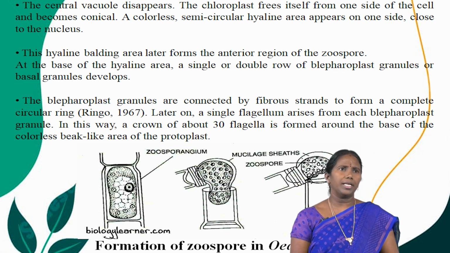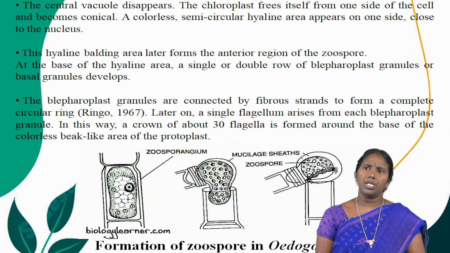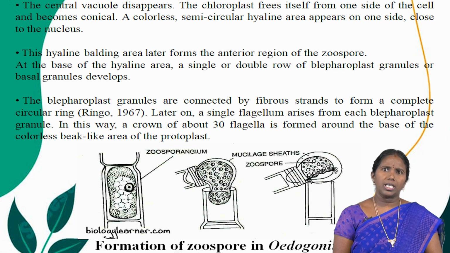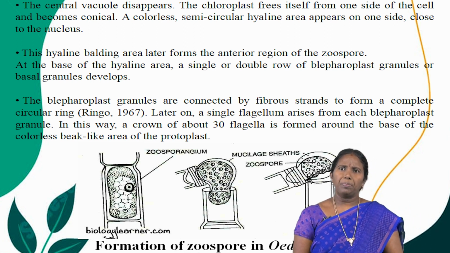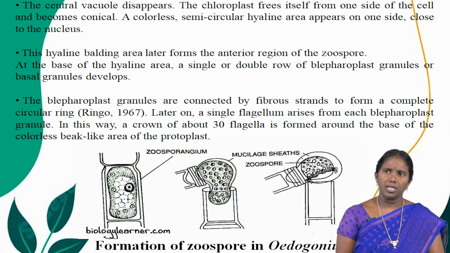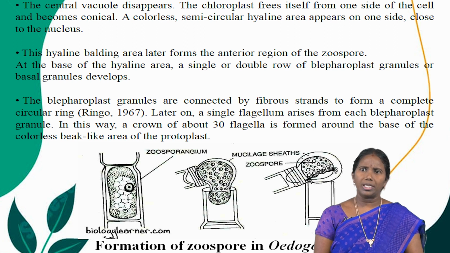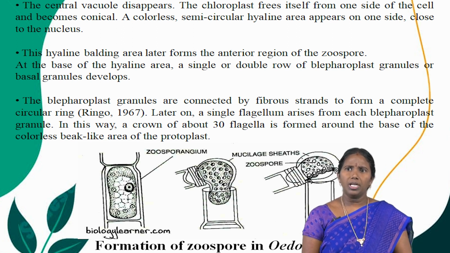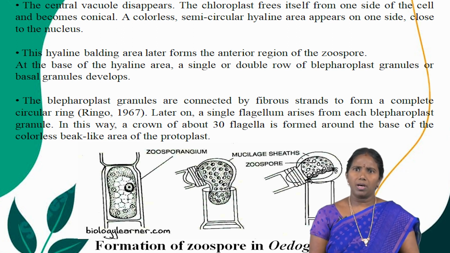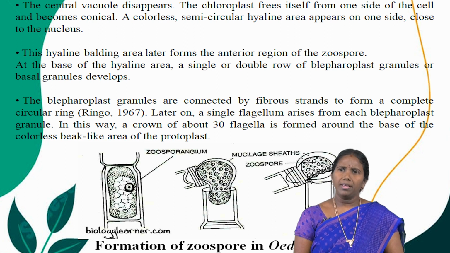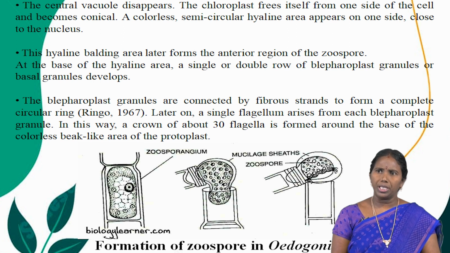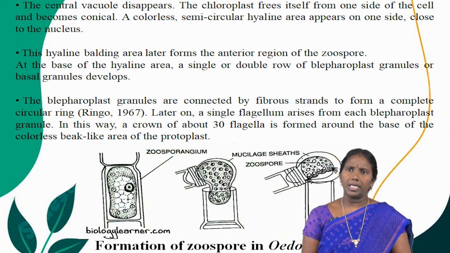At the base of the hyaline area, a single or double row of blepharoplast granules or basal granules develops. The blepharoplast granules are connected by fibrous strands to form a complete circular ring. A single flagellum arises from each blepharoplast granule. In this way, a ring of about 30 flagella is formed around the base of the colorless beak-like area of the protoplast.